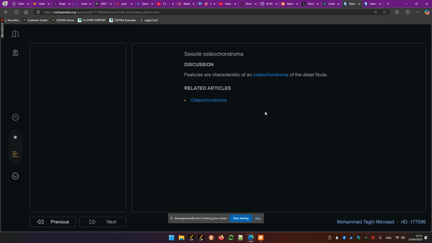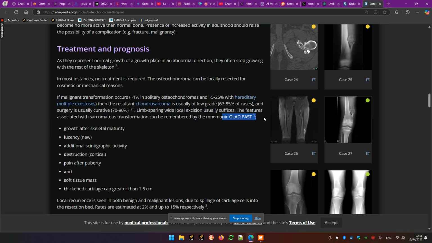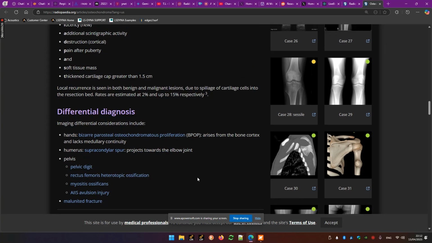So this is near the joint, as you saw. We saw the mnemonic for transformation: growth after skeletal maturity, lucency, additional scintigraphic activity, destruction, pain after puberty, soft tissue mass, and cartilage cap greater than 1.5 centimeters.